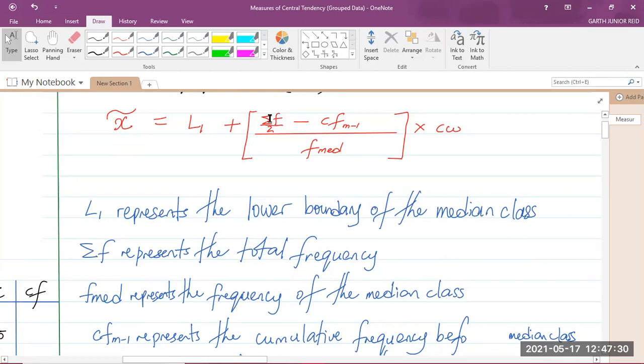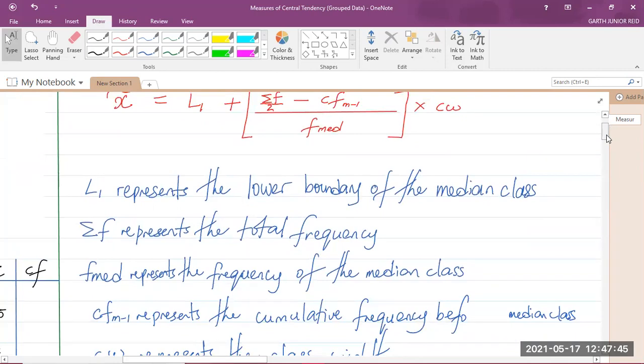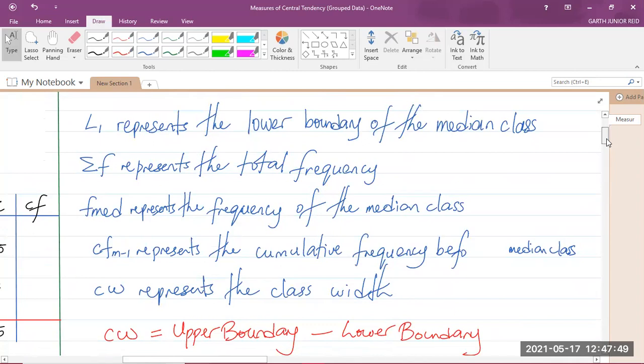The summation of f over 2 is the total frequency divided by 2, minus the cumulative frequency before the median class, divided by the frequency of the median class.